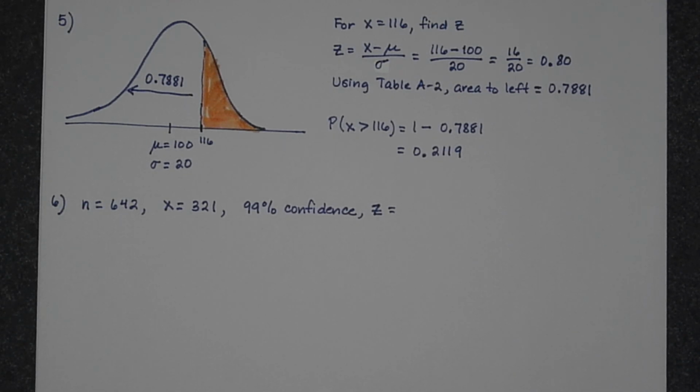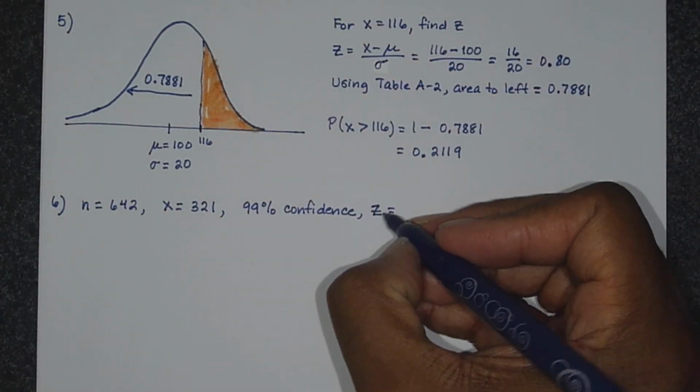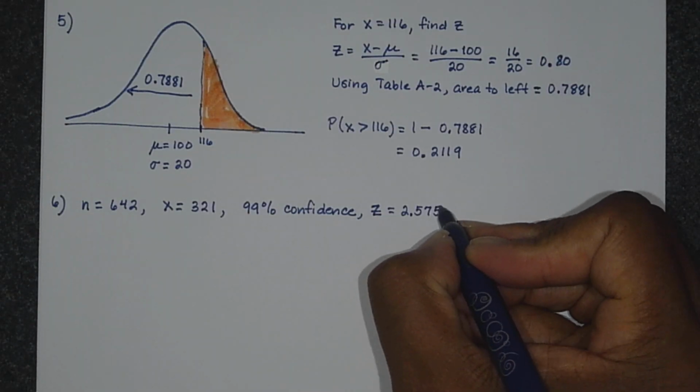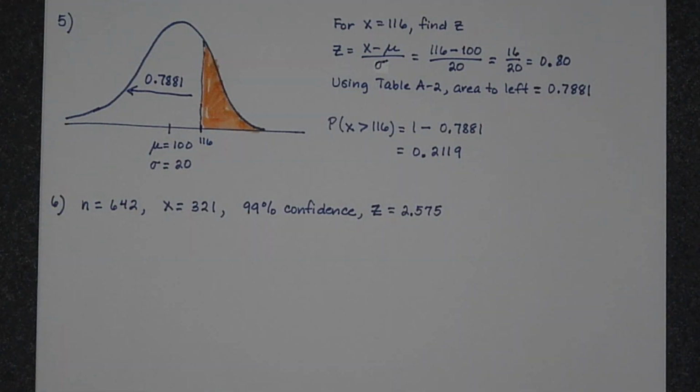For 95%, that's 1.96, and 99%, it would be 2.575. So 2.575 would be your 99% confidence critical value.